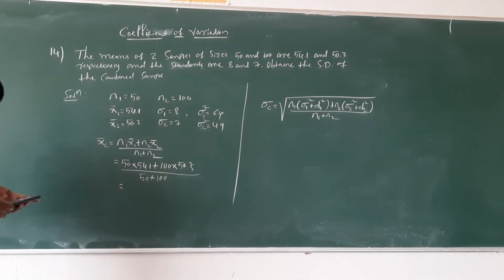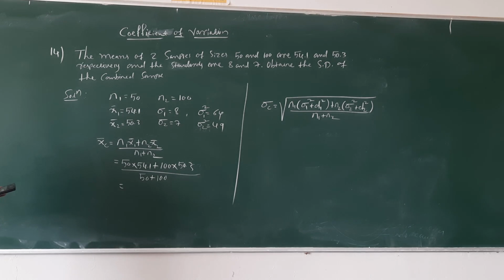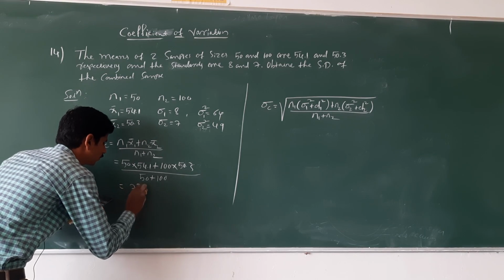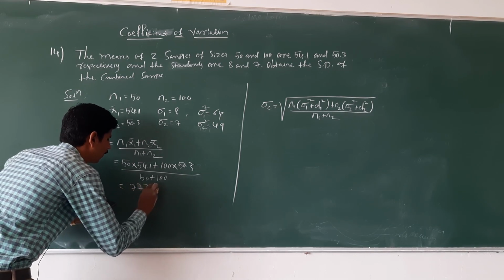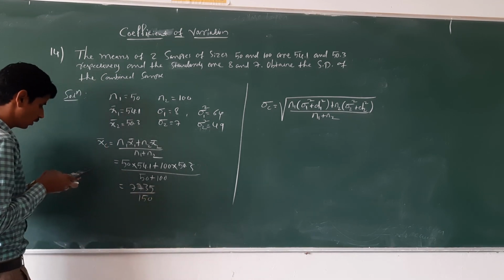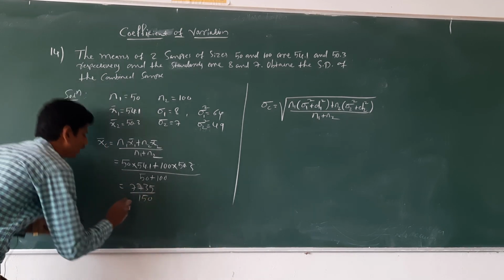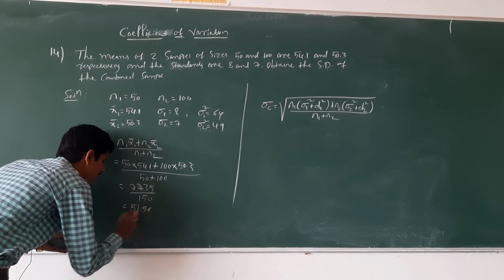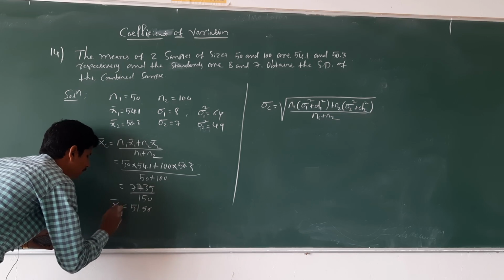Here 50 into 54.1 plus 100 into 50.3 is 7,735, divided by 150. Then you will get 51.56. 51.56 is the x bar c value.